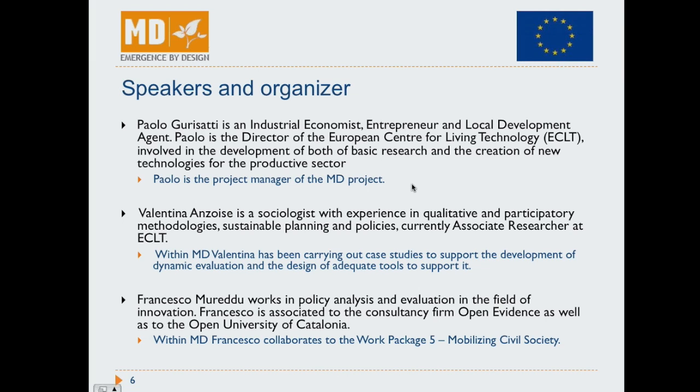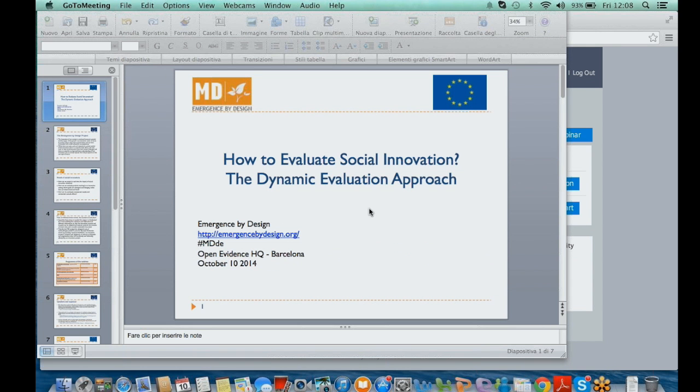So we are not just comparing two pictures, but by the dynamic evaluation approach, we want to document the process of change that occurs in the transition between the initial and a final situation. So the idea is to describe the story of an innovation process more than the final results.